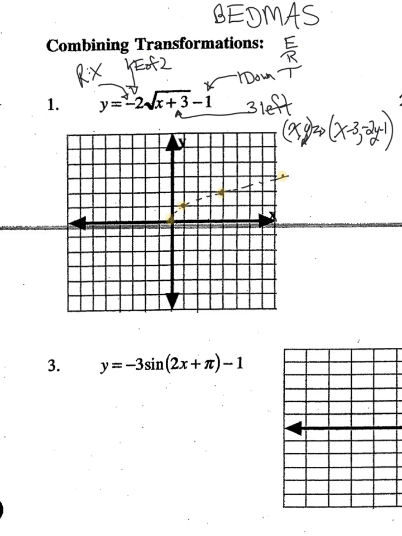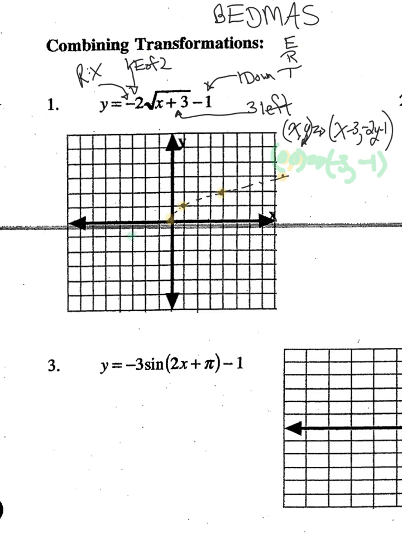And if I put them through that transformation, you're going to see that the point (0, 0) would transform over to (0 minus 3, negative 2 times 0 minus 1). So it's going to go over here to the point (negative 3, negative 1).